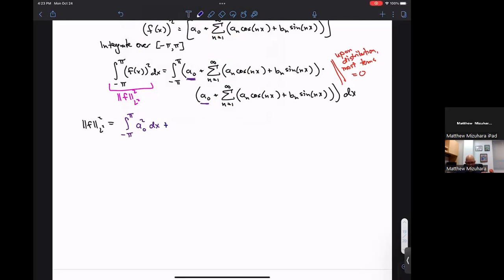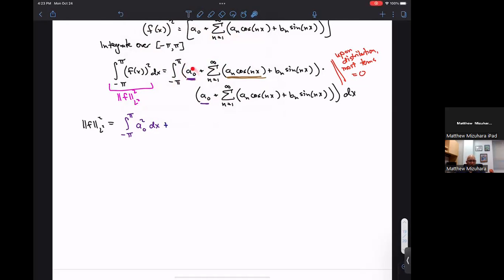Plus, okay, let me think about some of the cosine terms. So if I take this cosine term, that looks very suspiciously like the color I just used. So let me try another color. So if I take the cosine terms, if I were to multiply this by, I guess I didn't say this for the last one.